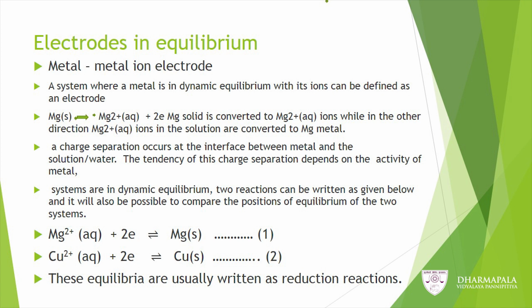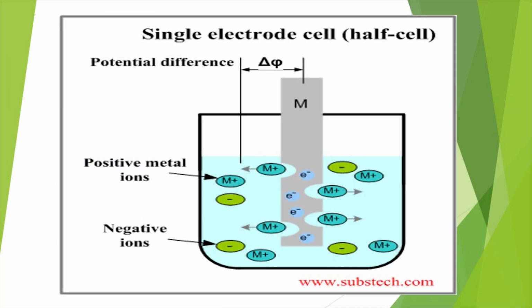So these equilibria are usually written as reduction reactions. Magnesium 2 plus has been reduced to magnesium solid, so the oxidation number has decreased here from 2 to 0. Now here the metal rod is dipped in M plus solution.